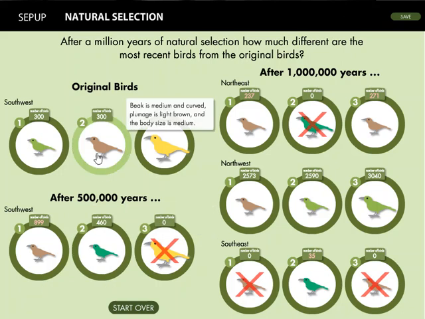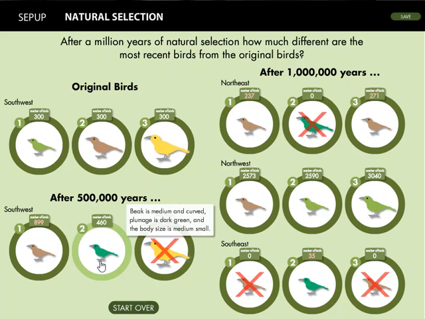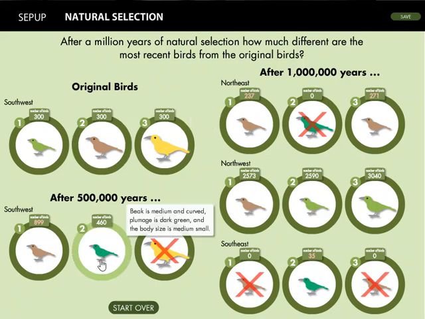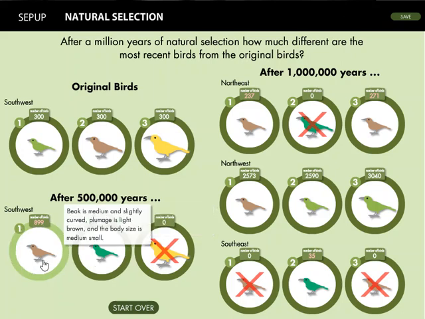In the medium-sized bird, we ended up with a medium curved beak and a medium small sized body. So these two birds ended up evolving in a similar direction. They both are the same size, medium small.